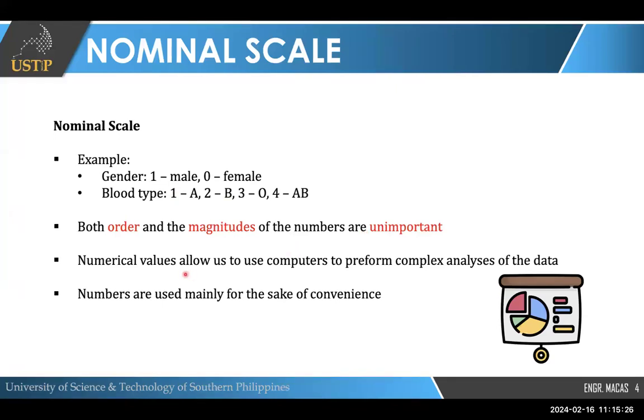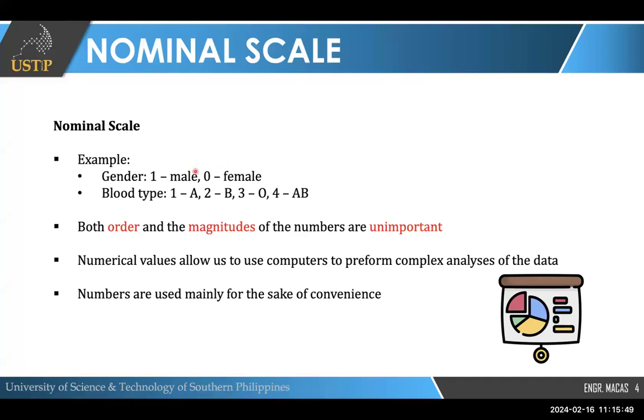Okay? So numerical values allow us to use computers to perform complex analysis of the data. So for example, daghan na kay data, and then again, balik taning male o female. For example, ang imuhang mga type of data nga gi-gather, categories, no? Kaya ga-assign mo kag 1 male and then 0 female.